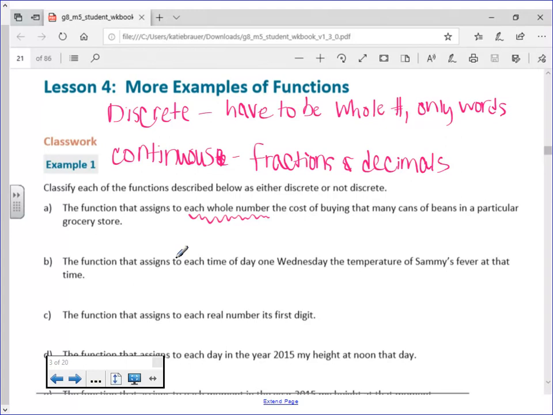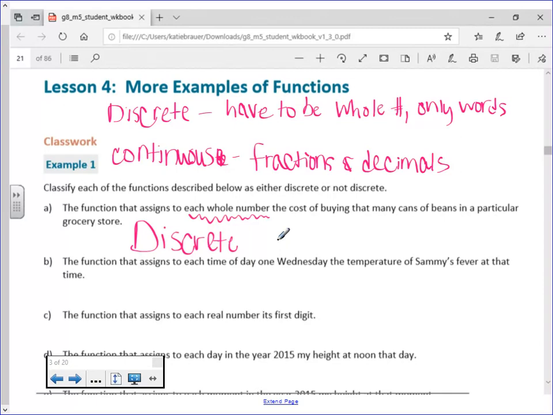Like, will you go get that for me? They would look at you and be like, no, just buy 4. So this is an instance where you have to have only whole numbers. So this one's called discrete. Like I said, you can't just go up and buy a half a can of beans at Walmart. They're going to just stare at you weird.